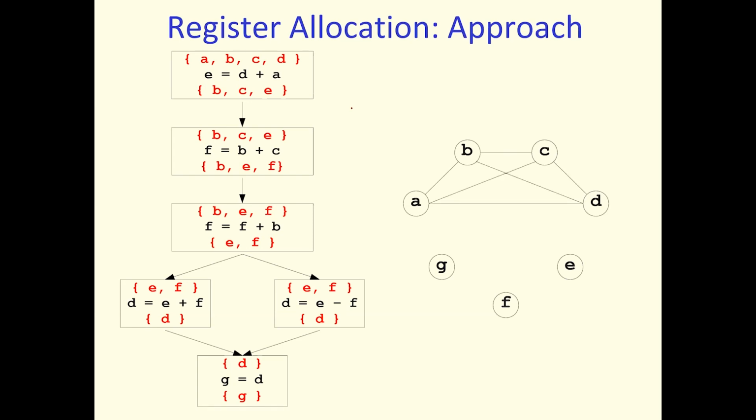So I create a node for individual variables, and here I am including temporaries. I'm not distinguishing between variables and temporaries, so I am creating a node corresponding to each value that is of interest. And then I am putting an edge between them. This edge describes a conflict.